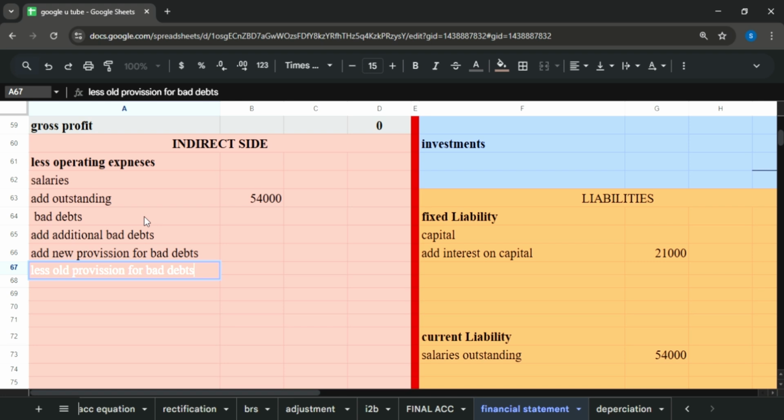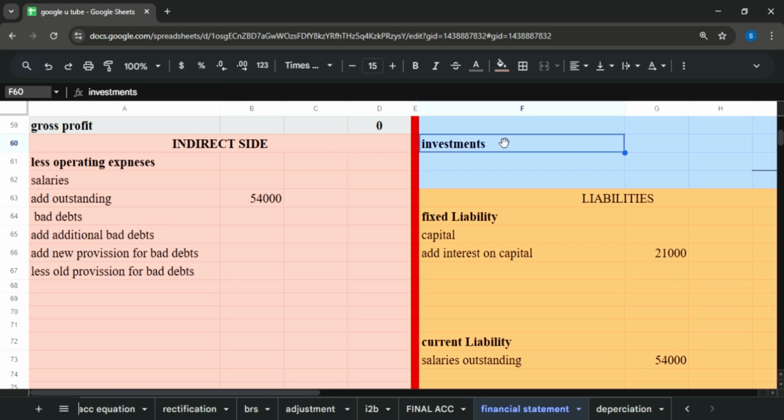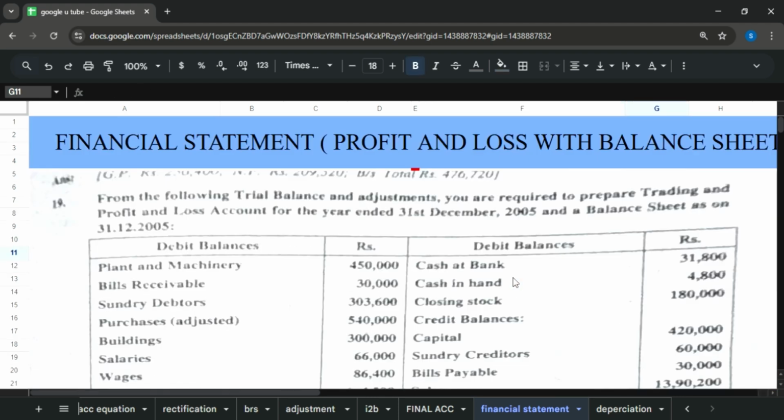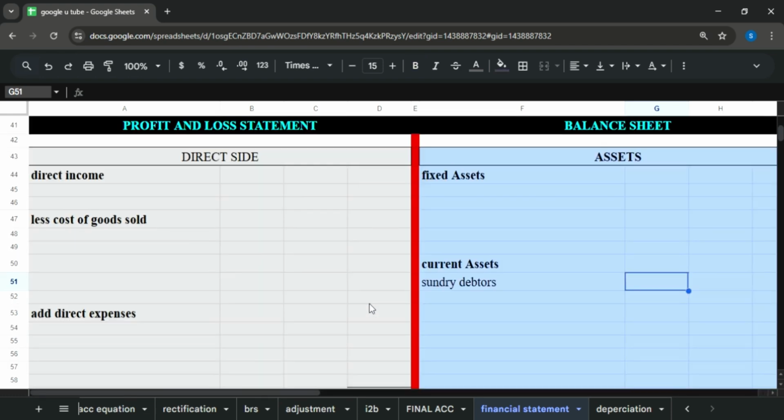Alright, to calculate it, we will go to the current asset side and first of all you will mention sundry debtors. Let's see how much the sundry debtors amount is. This is 303,600. Write down 303,600.